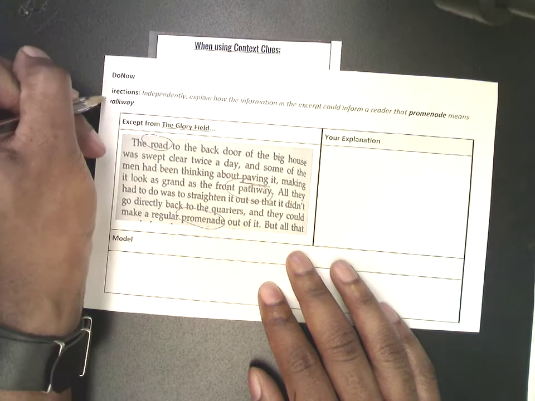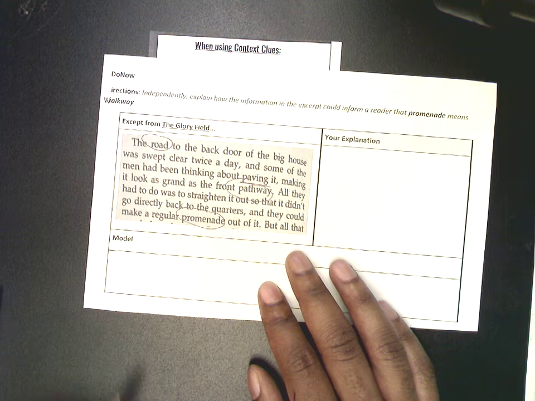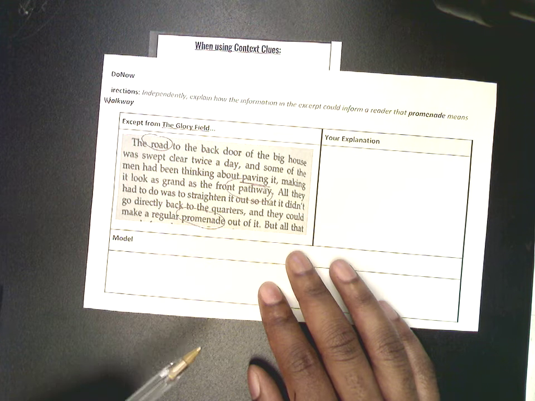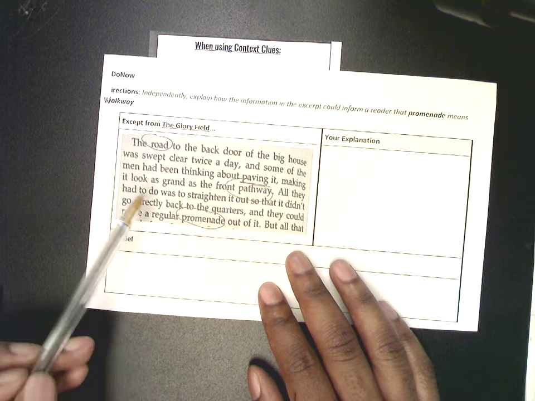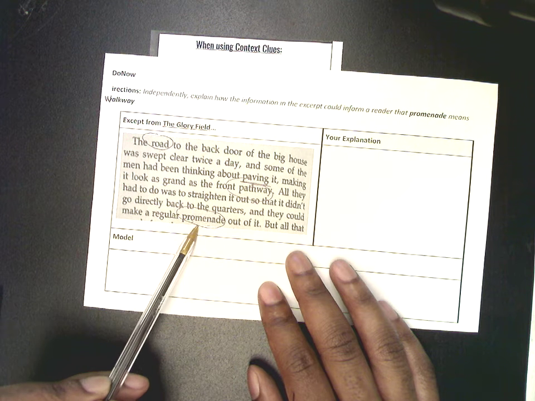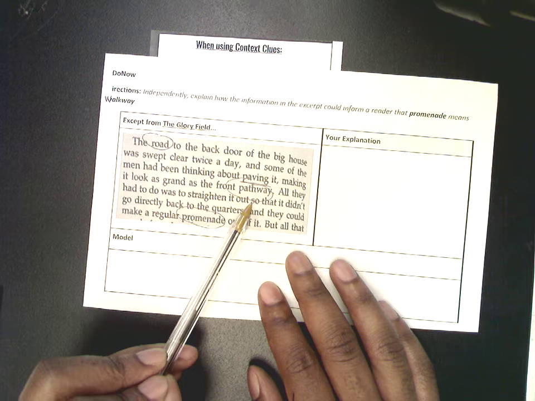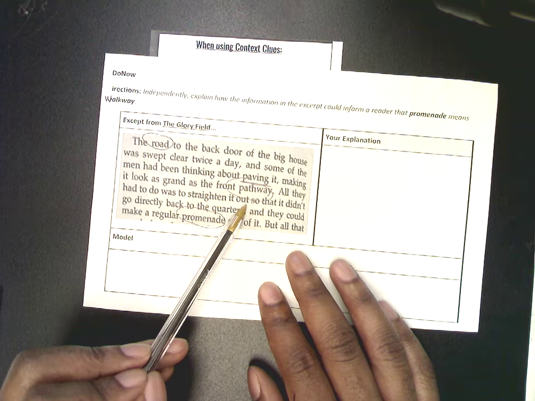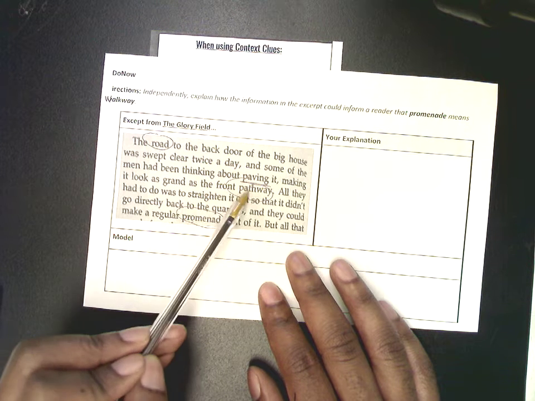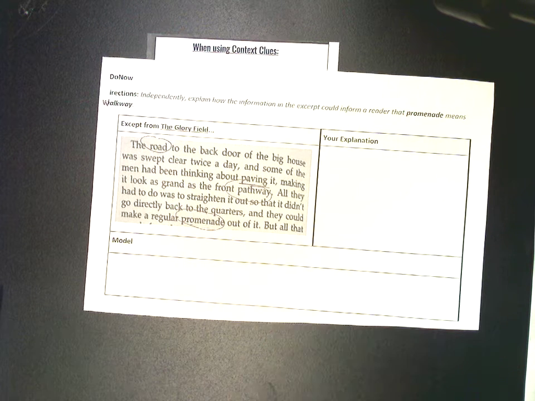That's one definition, walkway. All right? And a lot of you were able to say, well, I knew that because it talked about the promenade only becoming a promenade if this road could be paved to look like a pathway. So you notice that the author was able to compare a paved road that becomes a pathway to this idea of a promenade. All right?